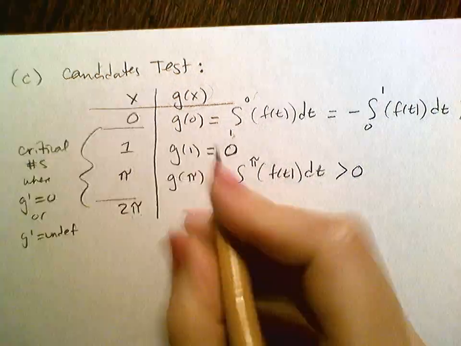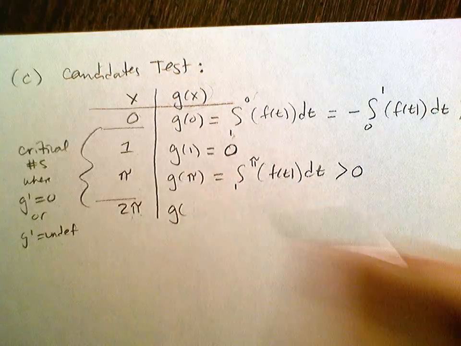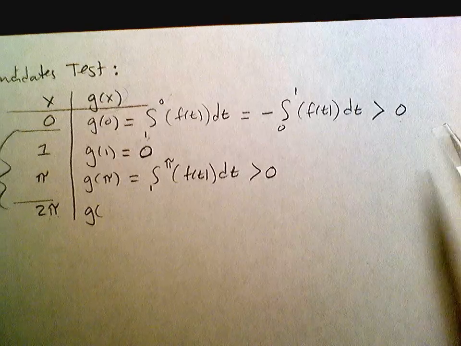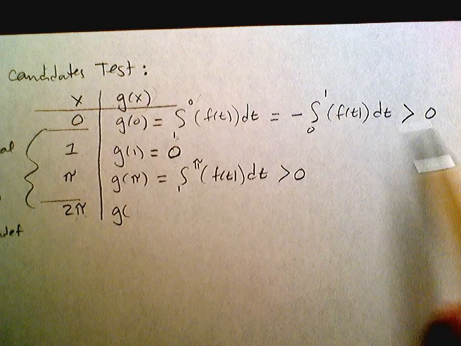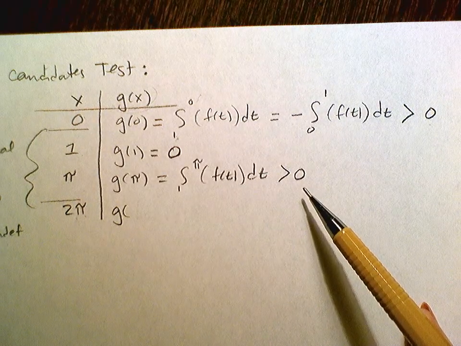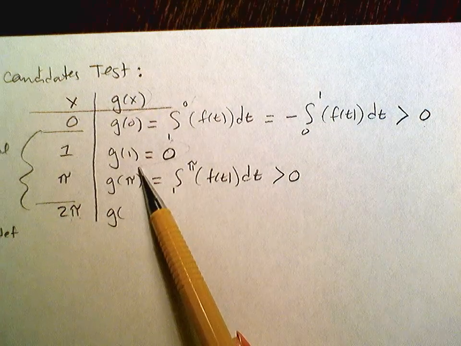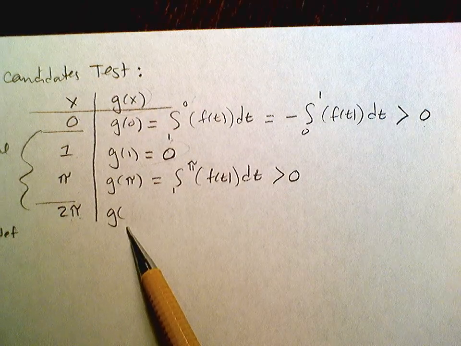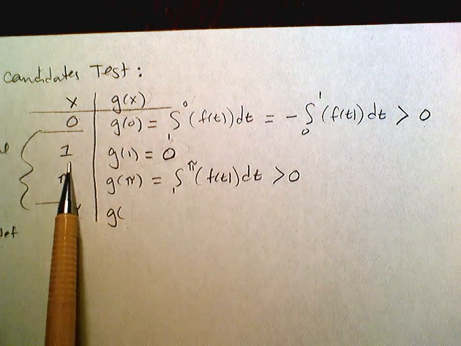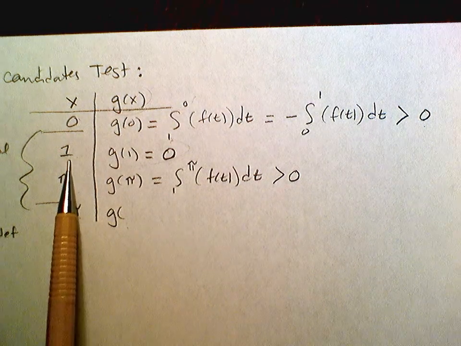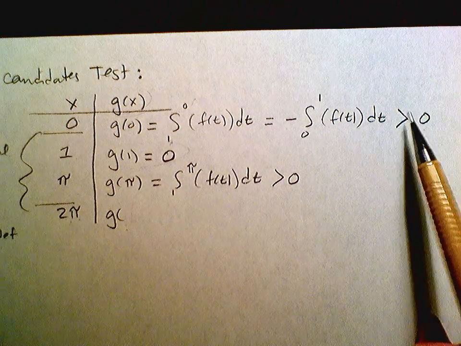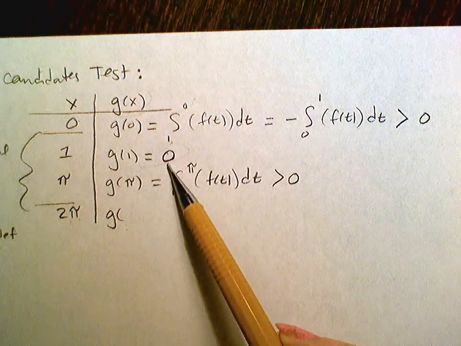Okay, now last is this one. So I've got to go g of 2 pi. Actually, so far, let me say this. So far, out of all of these candidates for absolute minimum, if this ends up being another positive number, then the absolute minimum is going to occur at x equals 1, because these are both positive and that's 0.